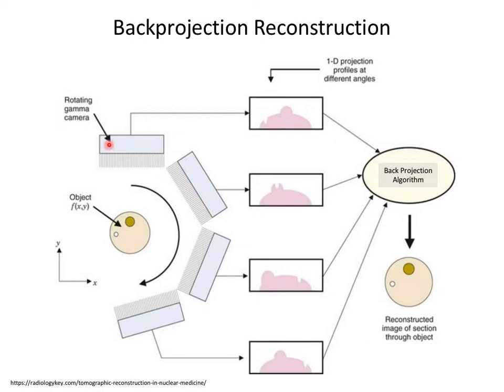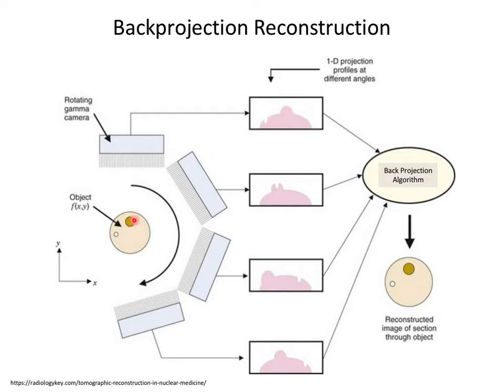So as we saw with the photographs of these systems, here's our patient or our object. The detector is in one configuration. We rotate it to a different configuration, then another. We go all the way around, right? And for this object, we see this is our profile.